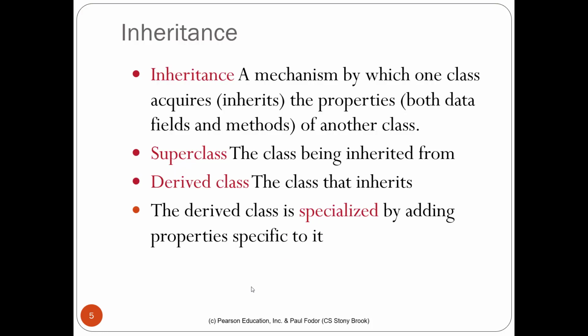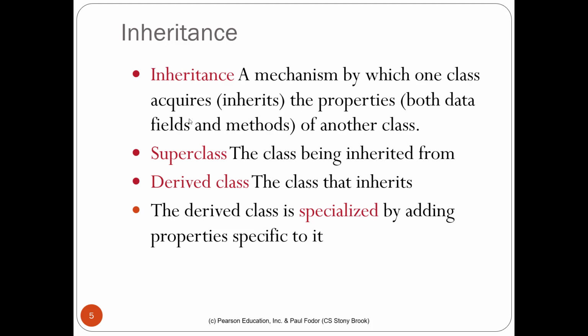So the same thing which we have learned, let's give some definition and try to understand what we have understood with the help of some definition. Now what is inheritance? It is a mechanism by which one class acquires or inherits the properties from another class. So which is this class that is inheriting the property?